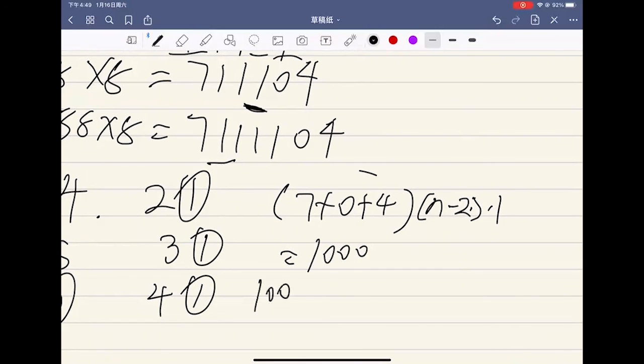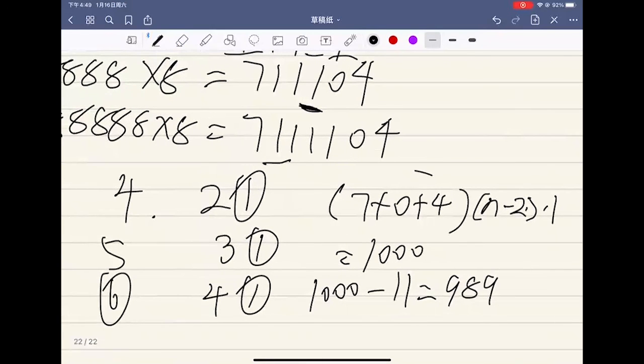So it's 1,000 minus 7 plus 0 plus 4, like 11, equals what? 989. Now we have 989 numbers of 1 here.